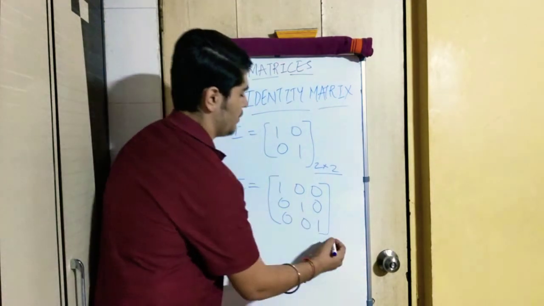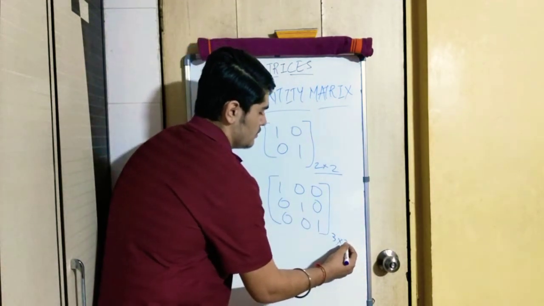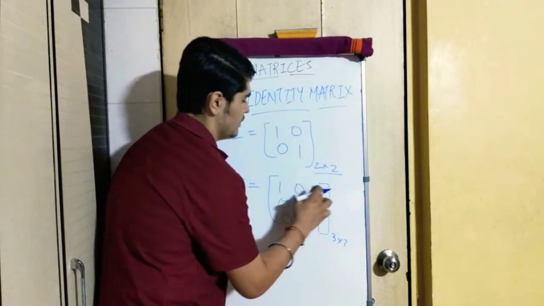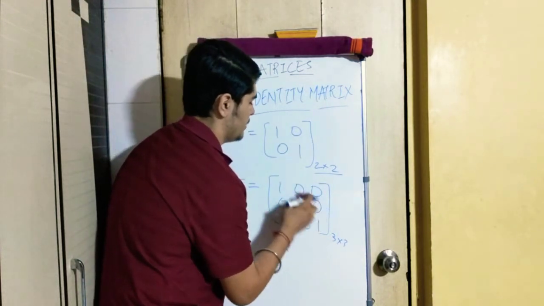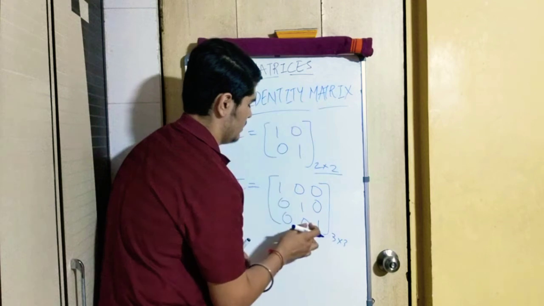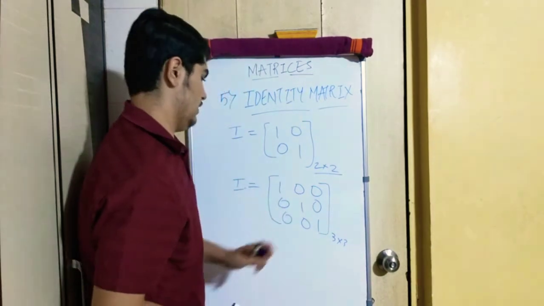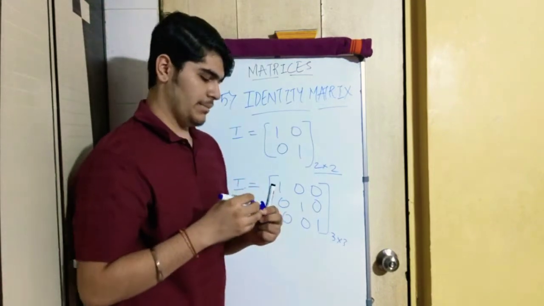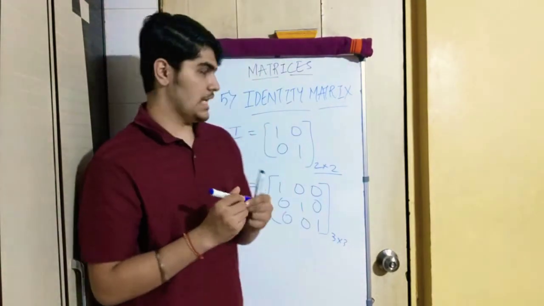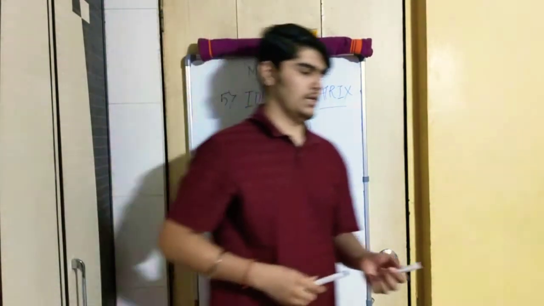For a 3 by 3 matrix, leaving the upper triangle and the lower triangle, the diagonal elements are always 1. So these two are the identity matrices in the chapter on matrices. You can copy it down.